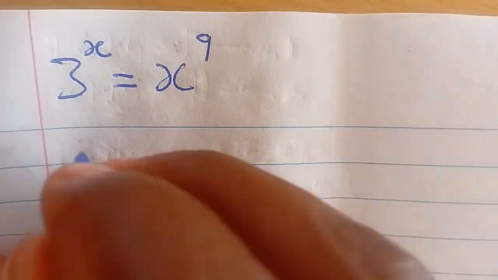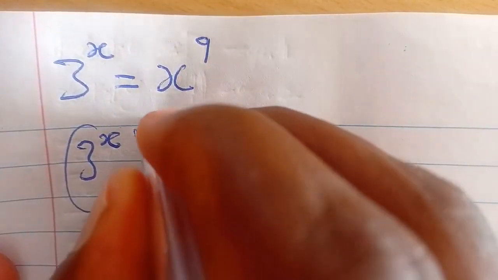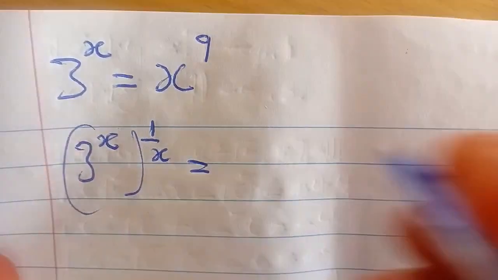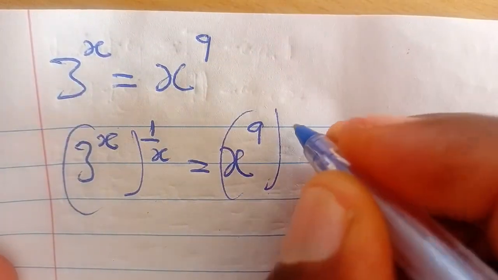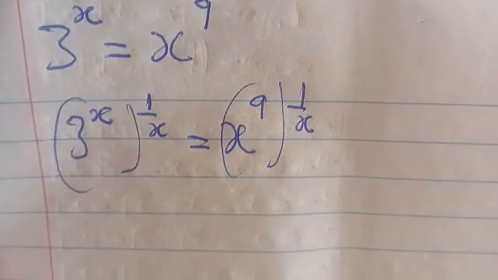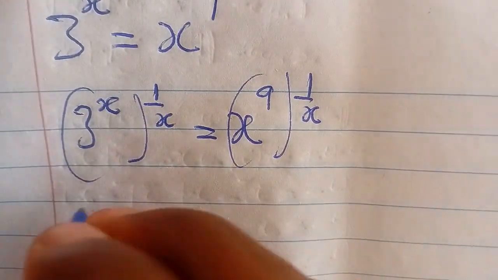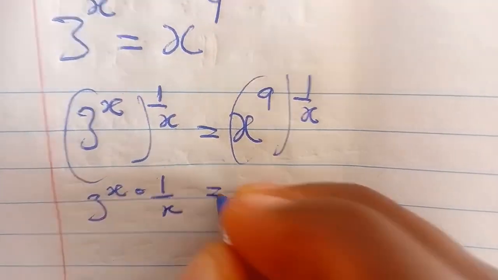So we are going to have 3 exponent x multiplying 1 over x, and then x exponent 9 multiplying 1 over x. At the end of the day, we are going to have this, and here too.